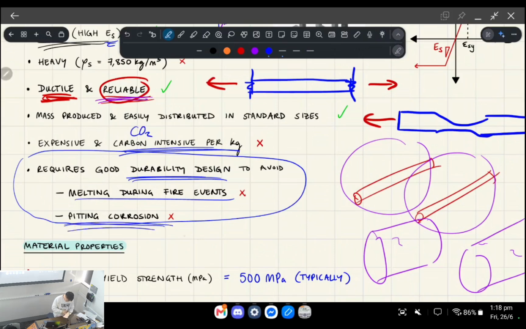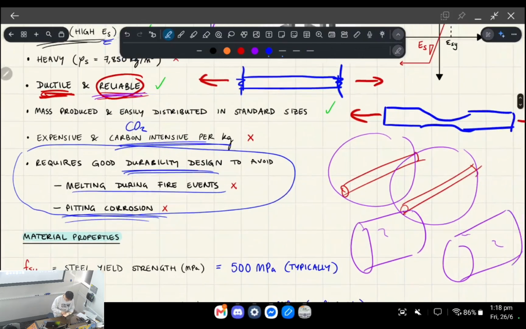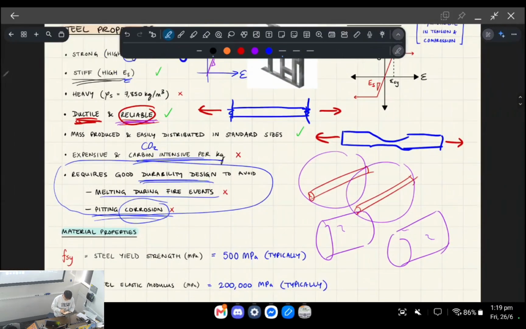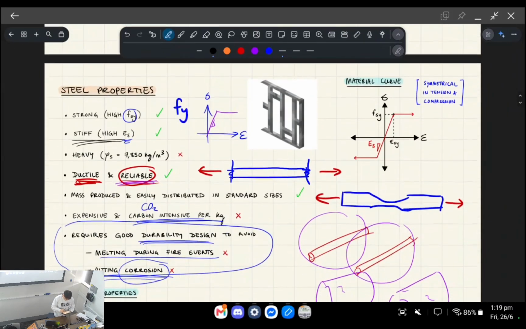And the other one's pitting corrosion, which I mentioned last week a little bit, in terms of the fact that the steel can rust. When it rusts initially, it forms this kind of brown rust protective barrier. But once that protective barrier has been breached, this process known as pitting corrosion happens, which starts to wear away at the cross-section of the steel, and you get a lot of strength issues at that point. Okay, so that's pretty much all I had to say about steel.